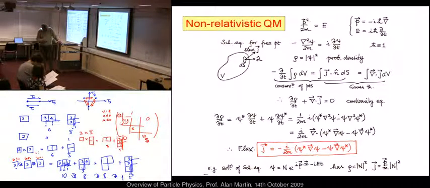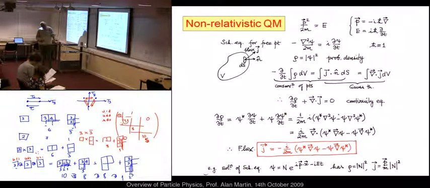And I get the same here, P over m. So the 2's cancel out, and I just get P over m. Well, that's just the velocity. This is just what you'd expect then. The number of particles going out per unit time is just the velocity.